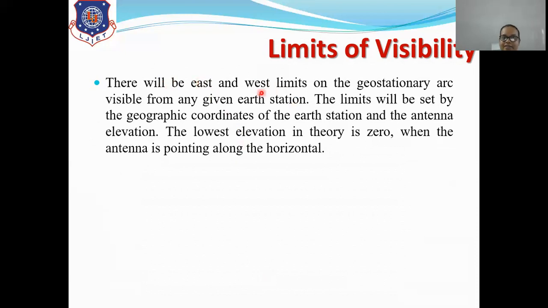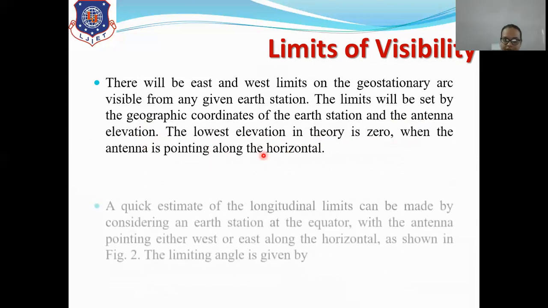So there will be east and west limits on the geostationary arc visible from any given Earth station. These limits will be set by the geographic coordinates of the Earth station and the antenna elevation, right? The lowest elevation in theory is 0 when the antenna is pointing along the horizontal. As east and west are horizontal, the lowest elevation will be 0 when the antenna is in the horizontal direction.